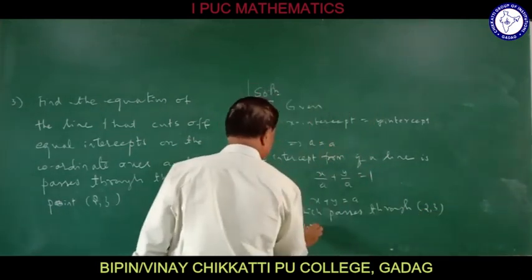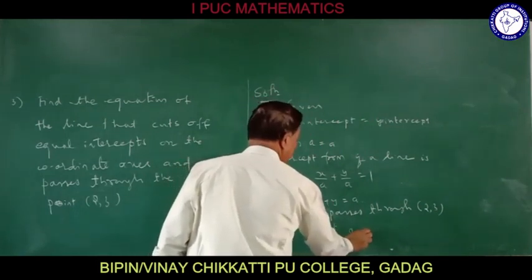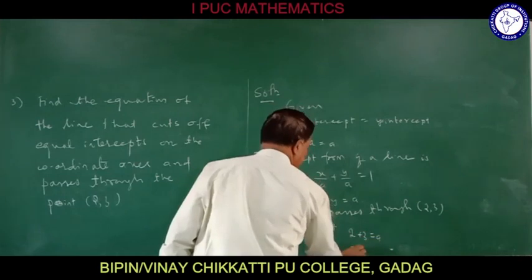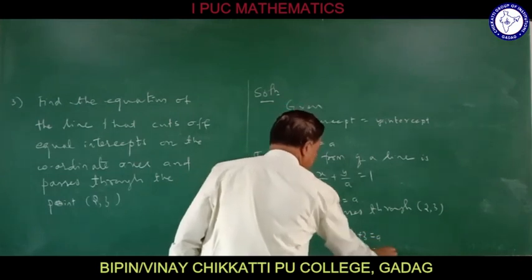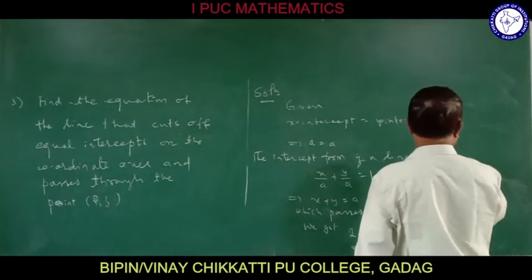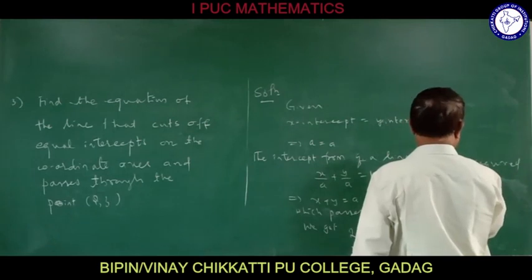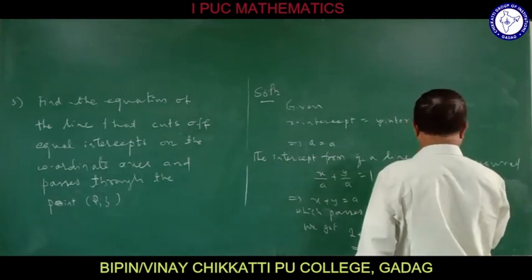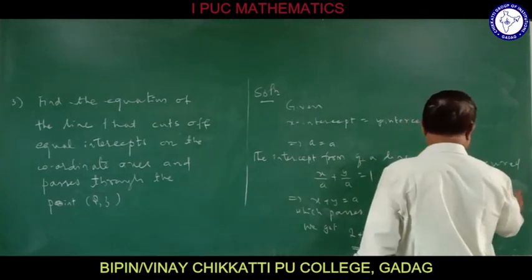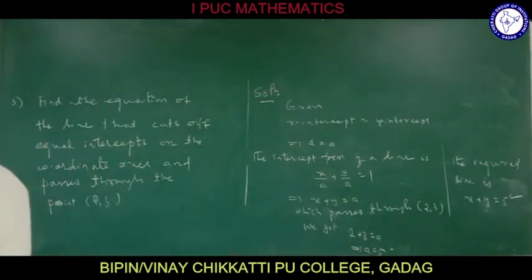So we get 2 plus 3 is equal to a. This implies a is equal to 5. Therefore, the required line is x plus y is equal to 5. This is the equation of the line, where you see that the intercepts are the same.